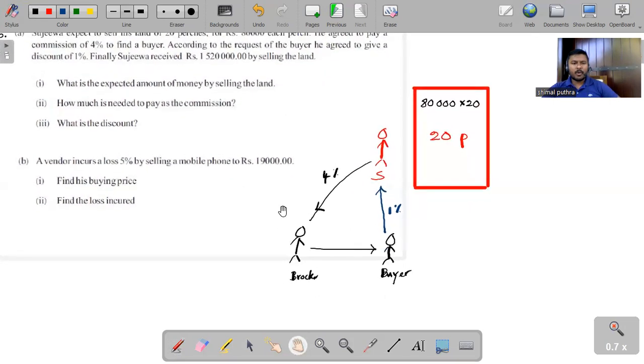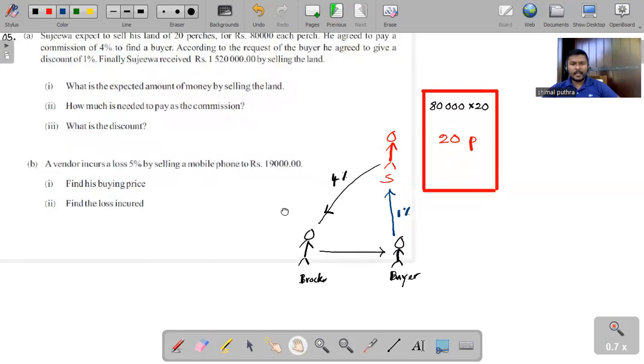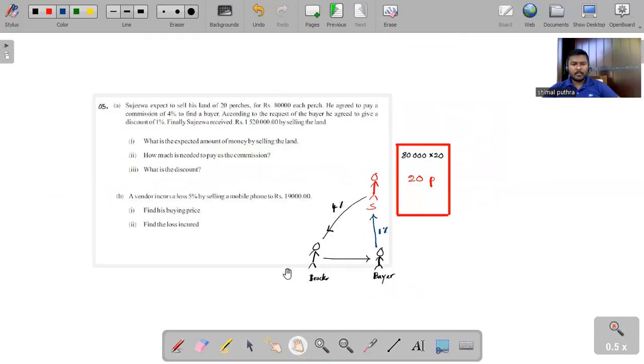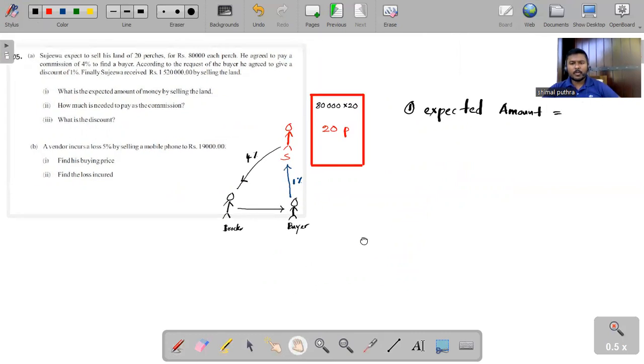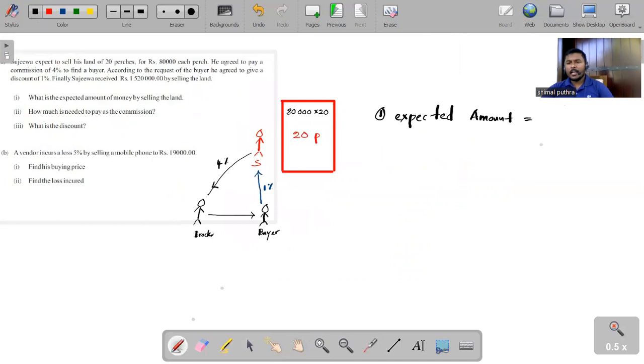What is the expected amount of money by selling the land? Okay. Question number 1. What is the expected amount of the money by selling the land? First one, expected amount. Because he expected 80,000 per perch.